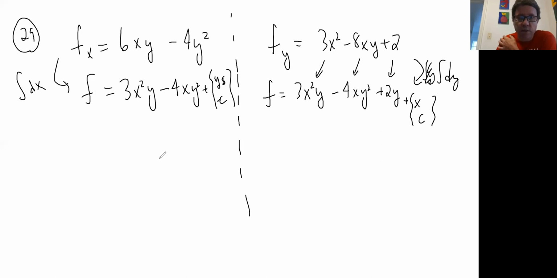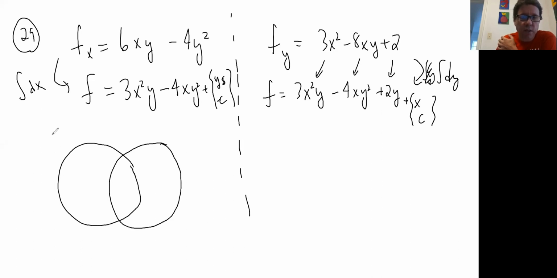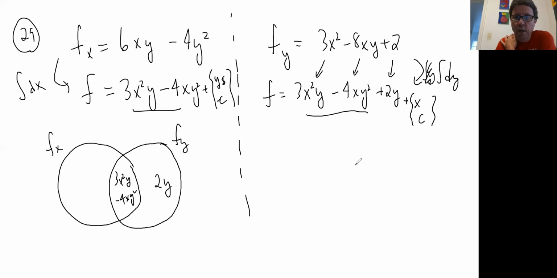Now this one actually is pretty nice. The shared part is actually bigger than the normal part. For fx and fy, the shared part would be 3x squared y and minus 4xy squared, because that's in both terms. The thing that only came from fy would be 2y. The only thing that came from fx, nothing.